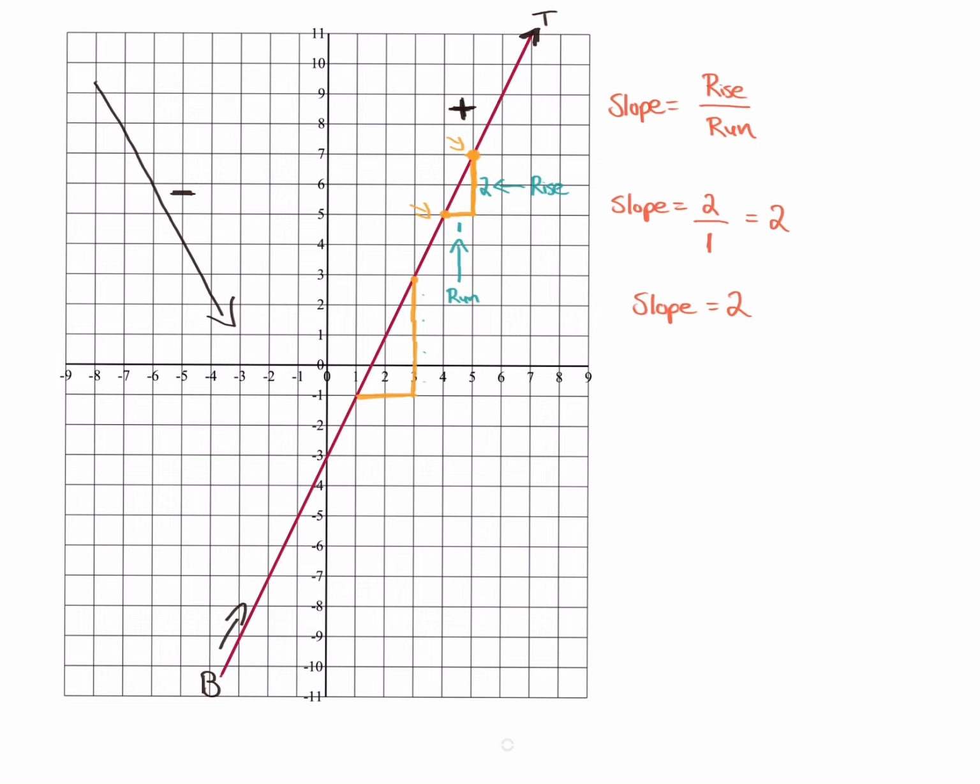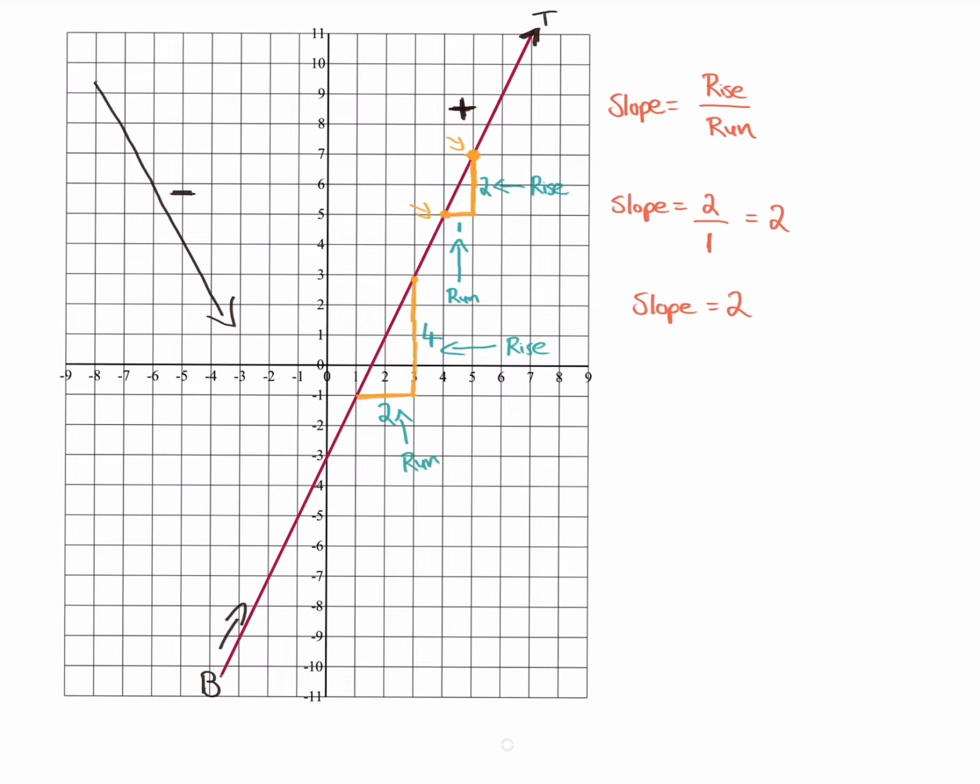That means it is 4 tall and 2 across. So the height here is the rise, and this here across is the run.